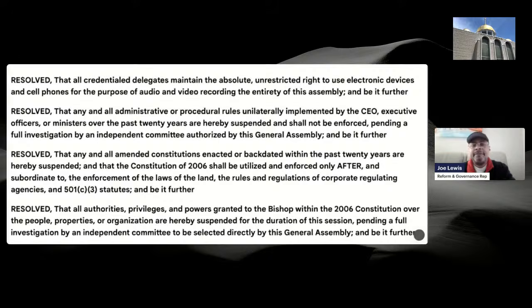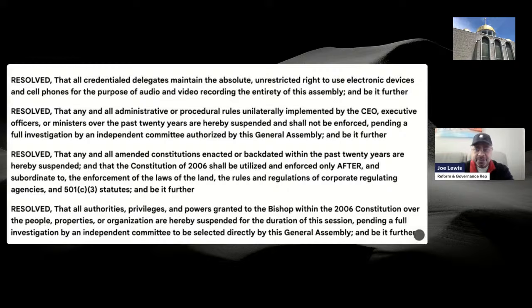And be it further resolved that all credentialed delegates maintain the absolute, unrestricted right to use electronic devices and cell phones for the purpose of audio and video recording the entirety of this assembly.